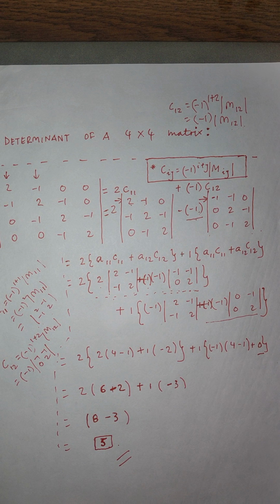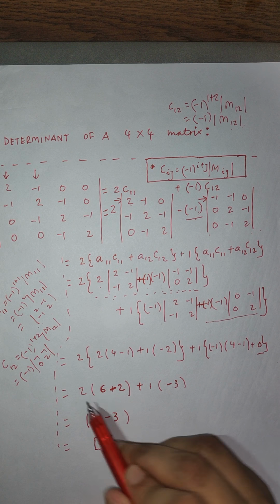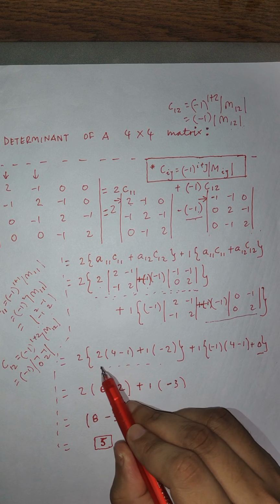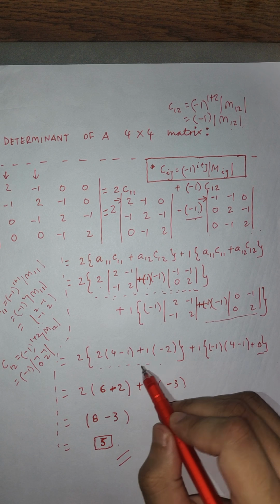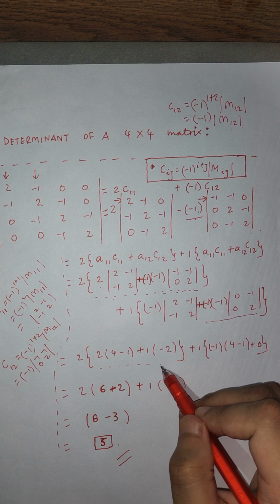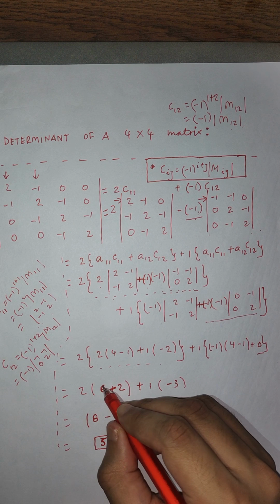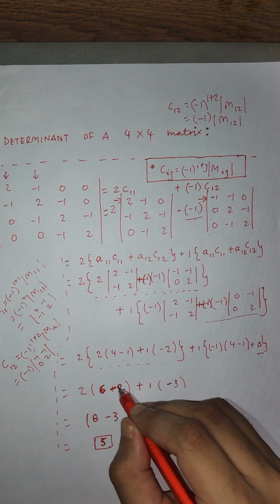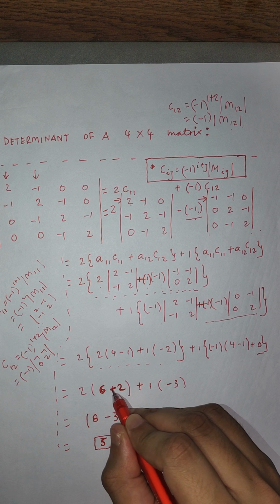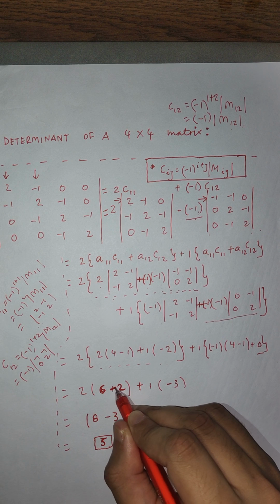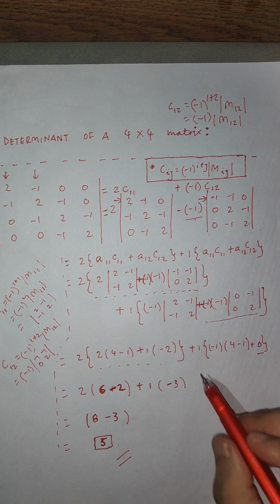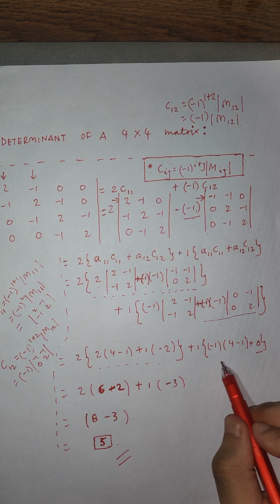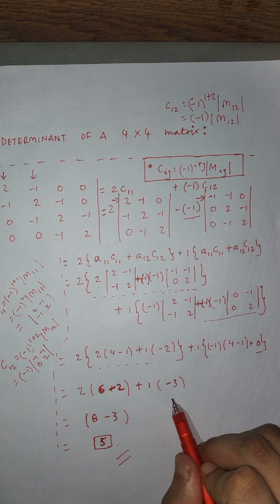Okay, so once you find this, it's just all algebra. 2, and inside I have 2 times 3, which is 6, plus negative 2. So here I've written 6 minus 2. I repeat, 6 minus 2. This is not plus, this is a minus sign. Then plus 1. Here we have minus 1 times 3, which is minus 3.